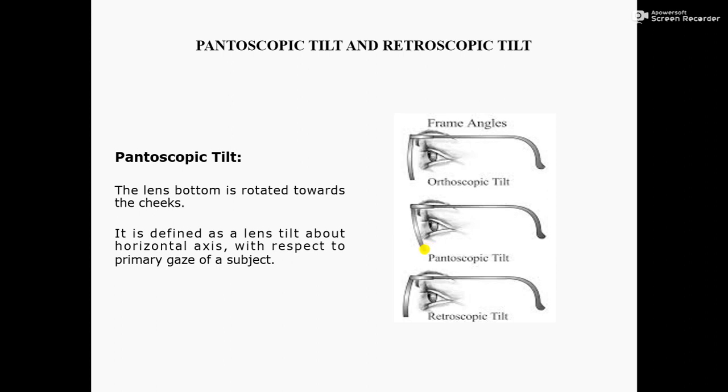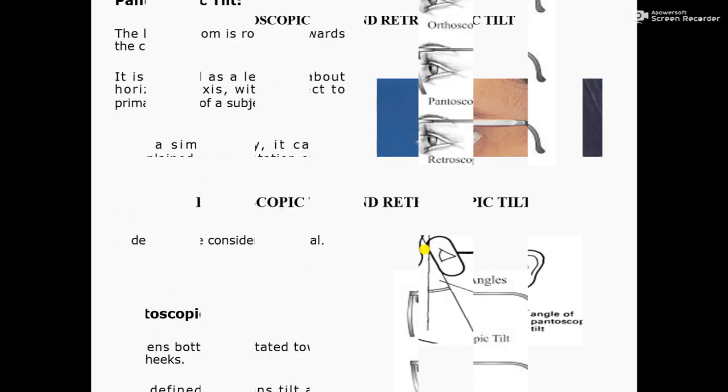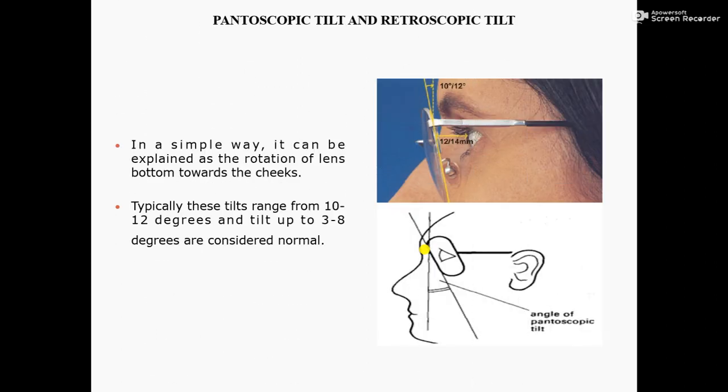This is pentoscopic tilt. Next, in a simple way, it can be explained as the rotation of the lens bottom towards the cheeks.